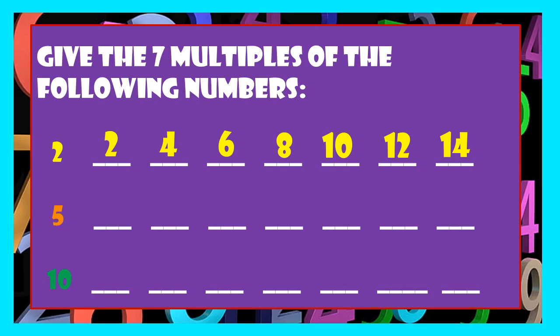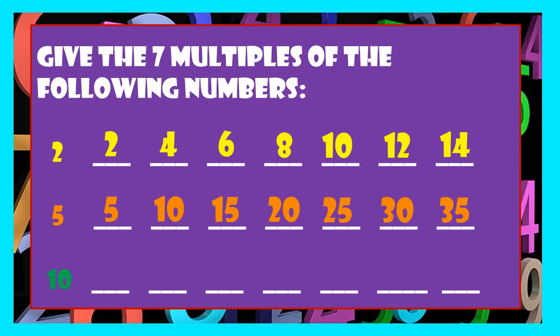Now, how about the multiples of 5? What are the 7 multiples of 5? The first one is 5. Next is 10. After 10 is 15, 20, 25, 30, then 35.